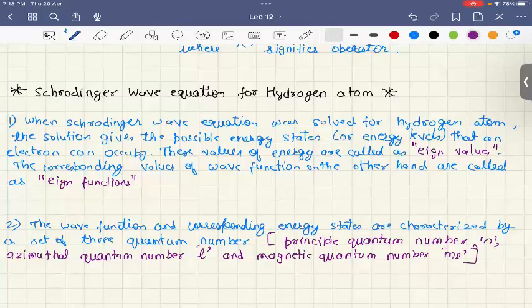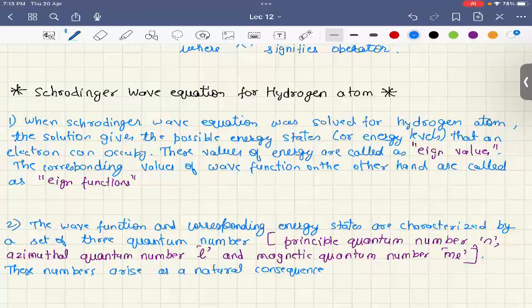These numbers arise as a natural consequence in the solution of the Schrodinger wave equation, right?